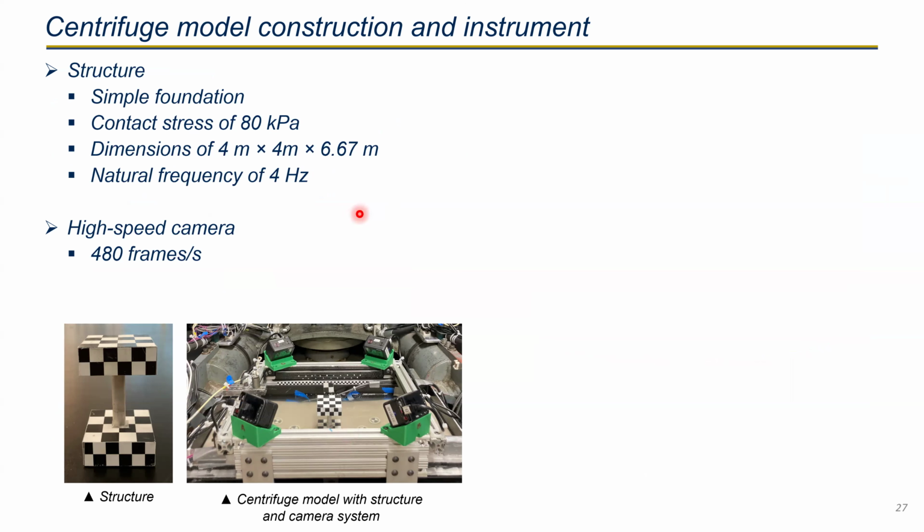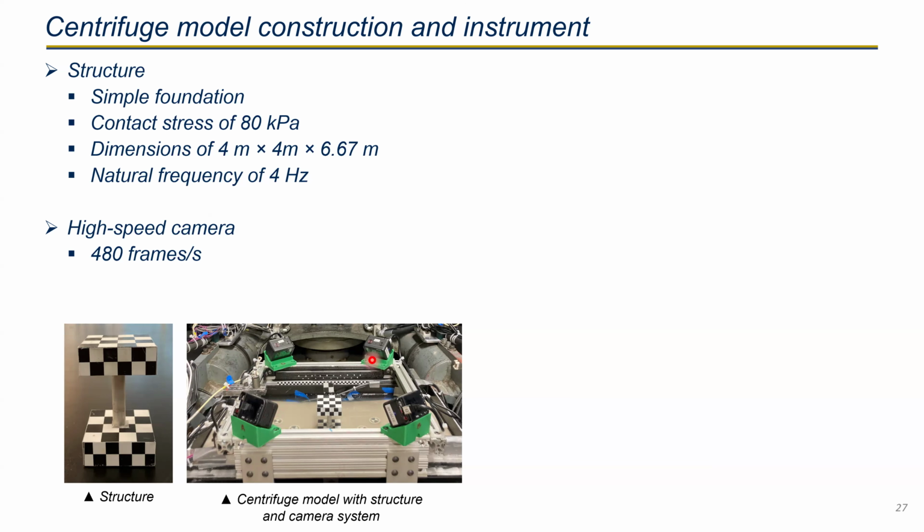Let me give you more details about the structure that we used. We just used a simple foundation structure, which has a contact stress of 80 kPa. The dimension of the structure was 4 by 6.67 meters. To monitor the behavior of the structure during the test, we implemented a high-speed camera system.